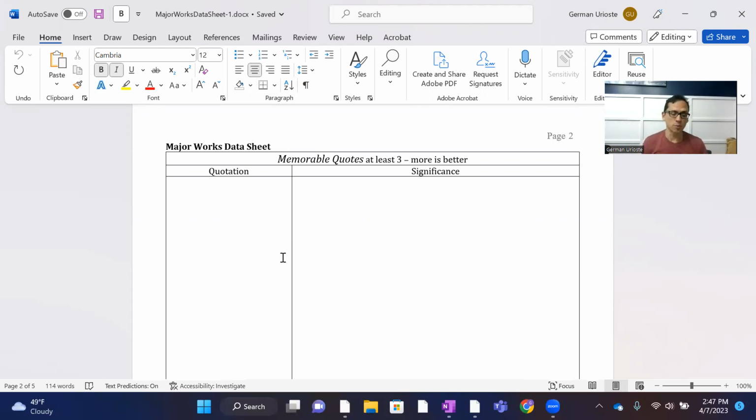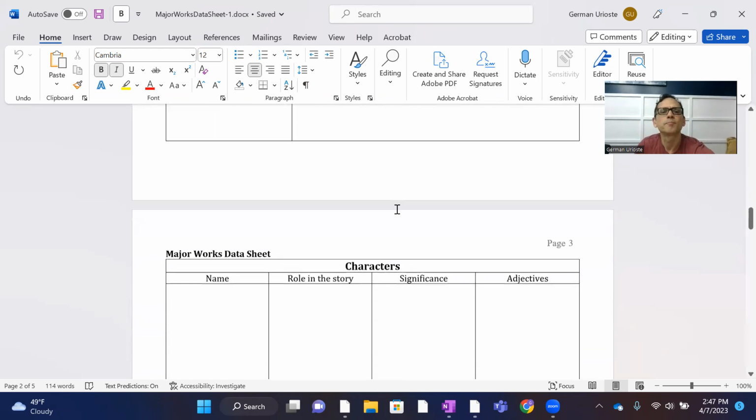So you might go back to some of your papers you read on particular books, in particular classes, and you can review those in terms of pulling out quotes. But what are some significant quotes? 3, I would say maybe up to 5, and then briefly articulate the significance of those quotes. That's a way to get yourself in the mindset of the novel, right? Something significant about characters, about conflicts, about the themes the books suggest.